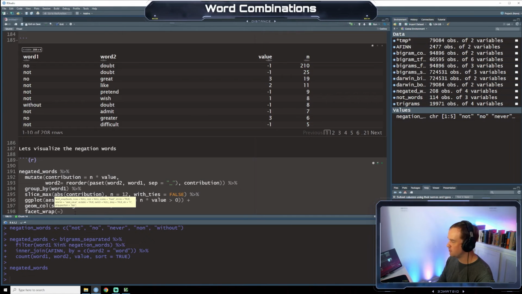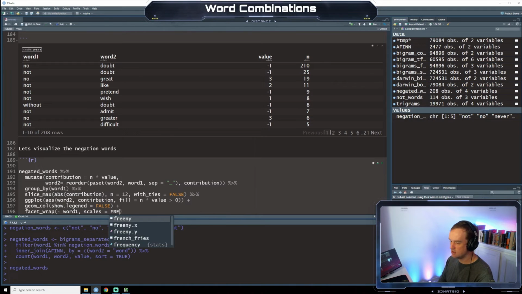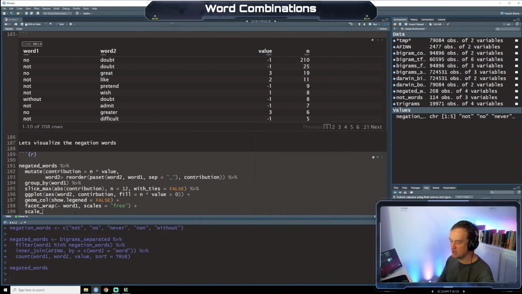So facet wrap word 1, scales equals free. Oops, no, free. And scale x discrete, labels equals function x gsub, so global sub. Just copy what I paste here. I'm going to put a regular expression in.